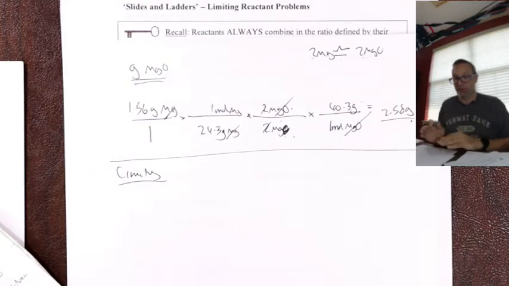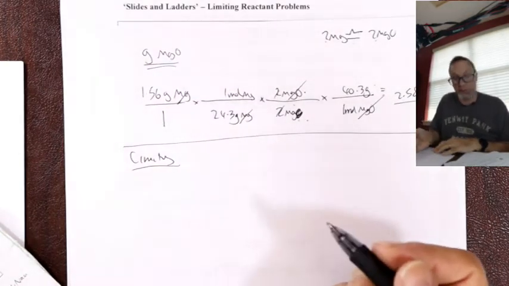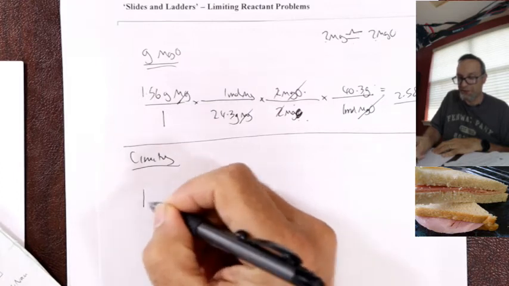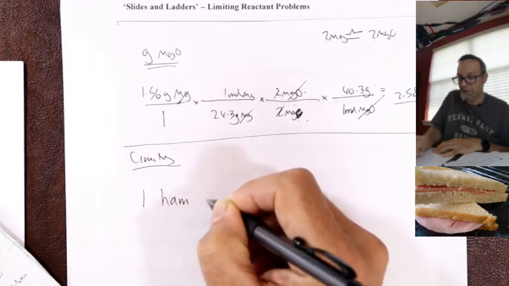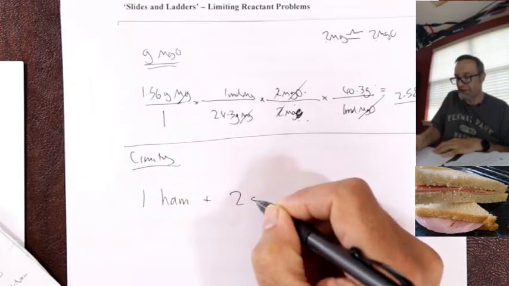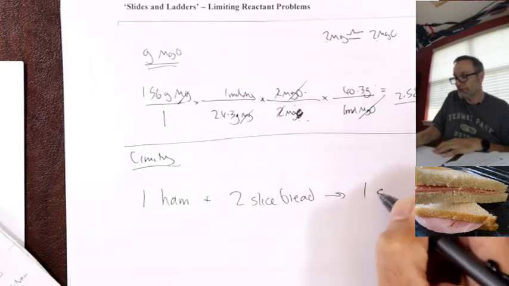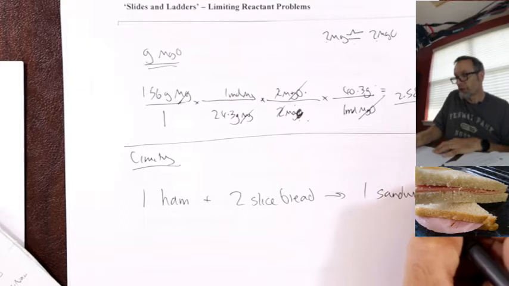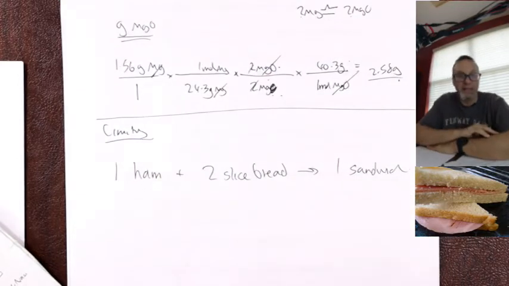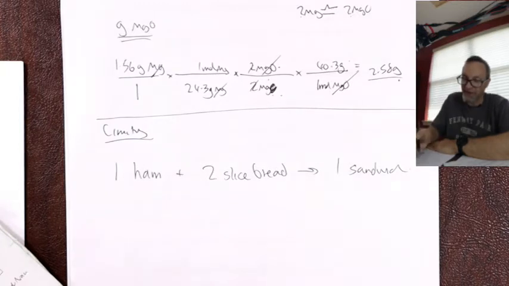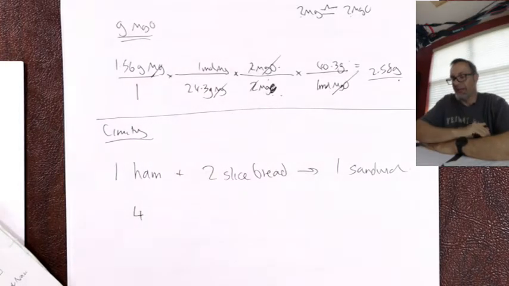Let's give you something simple to start. Let's say I make a sandwich. My balanced chemical equation for making a sandwich is 1 slice of ham plus 2 slices of bread turns into 1 sandwich. That's a balanced equation for making ham sandwiches, correct? Now let's say I hunt through my fridge and I find 4 slices of ham.